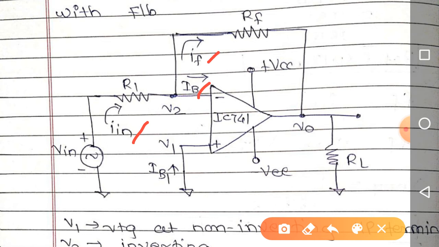So we can say that the voltage at V2 is also nearly equal to 0. So the V2 point is called the virtual ground, and V1 is also 0, as the non-inverting terminal is connected to the ground. So V2 is called the virtual ground. It is the virtual ground concept.